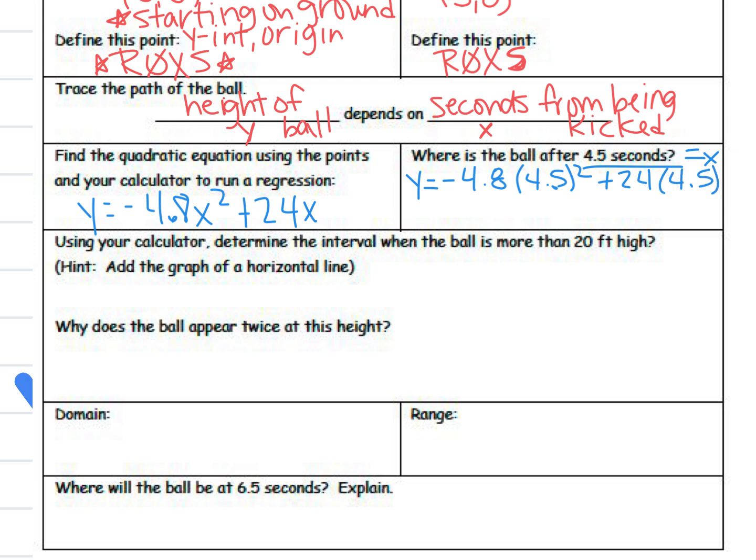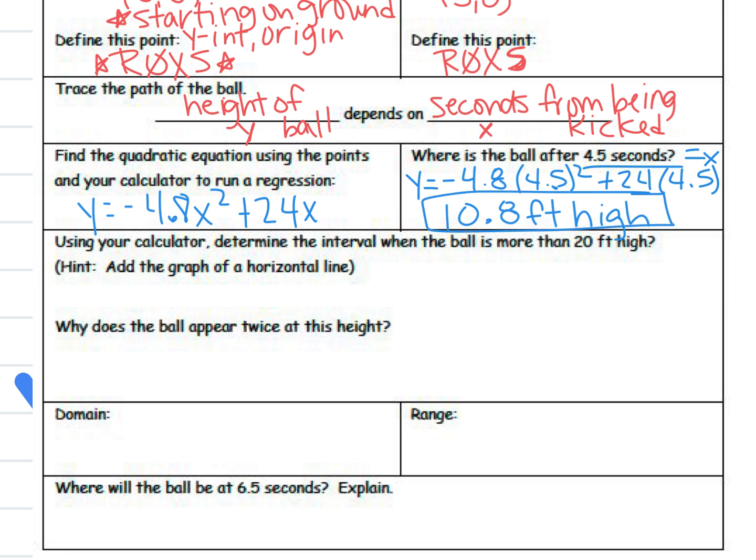Or you can go to Desmos, type in x equals 4.5 and find where they intersect. Either way will work. Either way, it tells you you are 10.8 feet high. That's how high the ball is at 4.5 seconds.